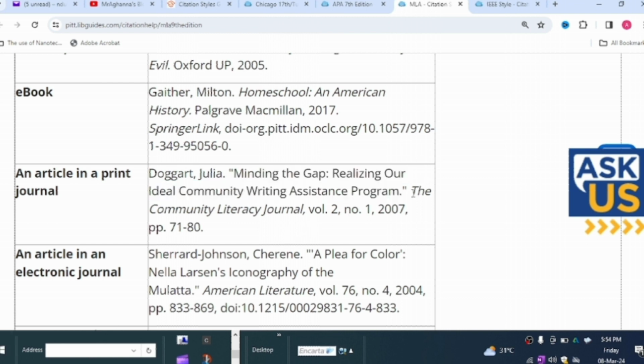Then this is the journal that published the paper. So you have the volume and the number properly captured, including the year of publication and the page number of your paper. So use pp., full stop, then you continue with the page numbers.